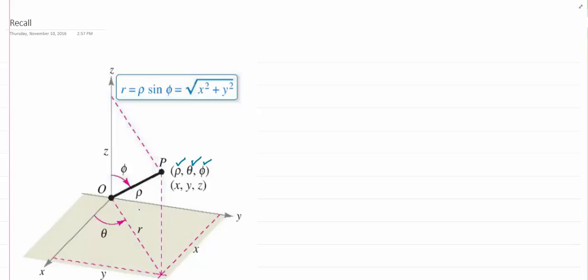First of all, the theta is the angle on the xy plane, and it's just what we think of, it's the same old theta. You have an initial side and a terminal side, and the angle made there is the theta. So it's on the xy plane. So that's nothing new there. Now, this new angle here, phi, is the angle that's made with the z-axis, as you can see here.